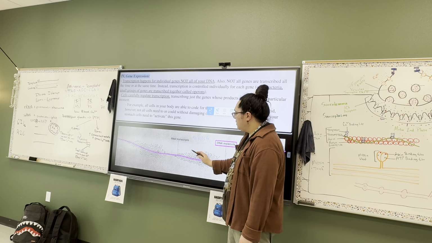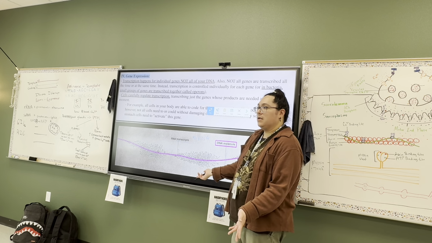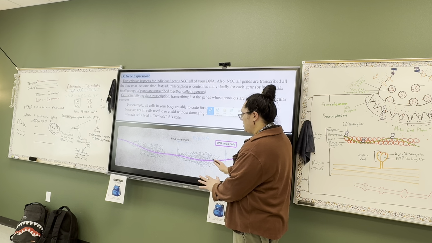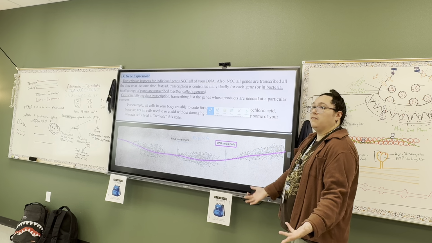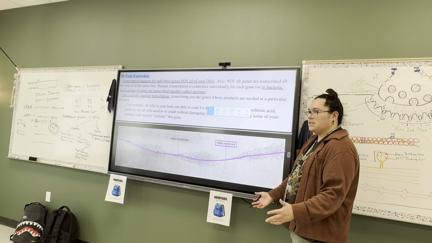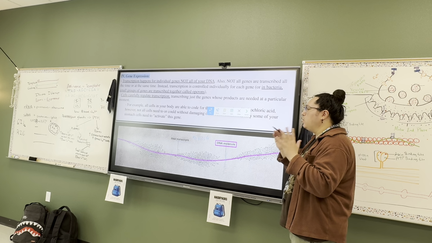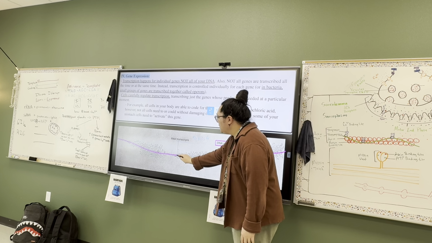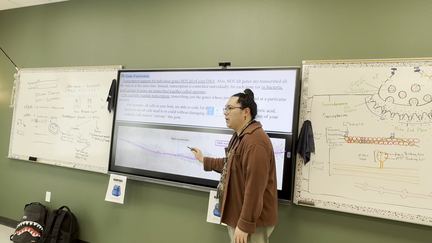But if you notice, each one of these little squiggles is mRNA. So you can see that whatever gene this is, whatever gene this is, and whatever gene this is, it's making a lot of mRNA. Does that make sense? In the images and videos that we've seen, we only show one little piece of RNA polymerase making one little piece of mRNA.